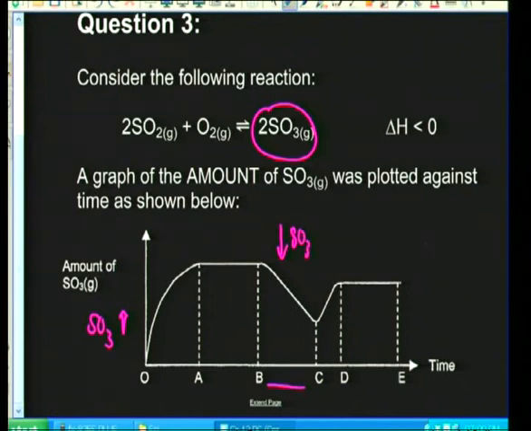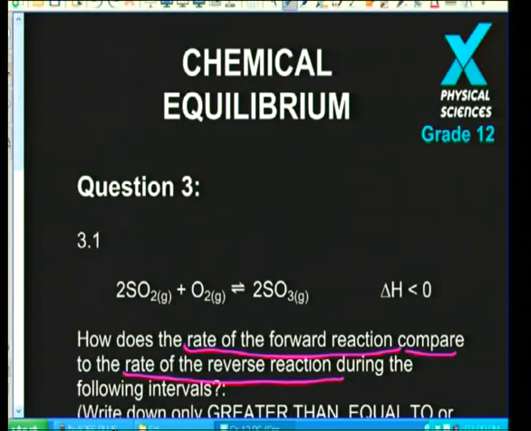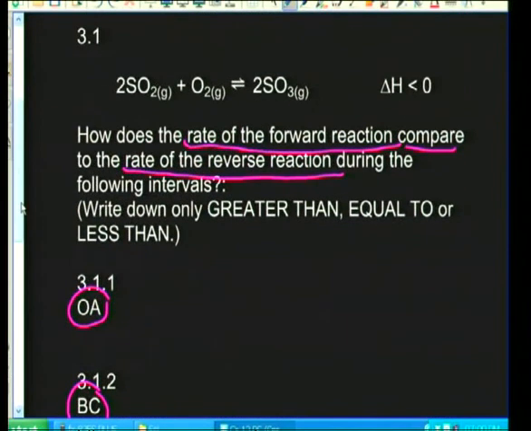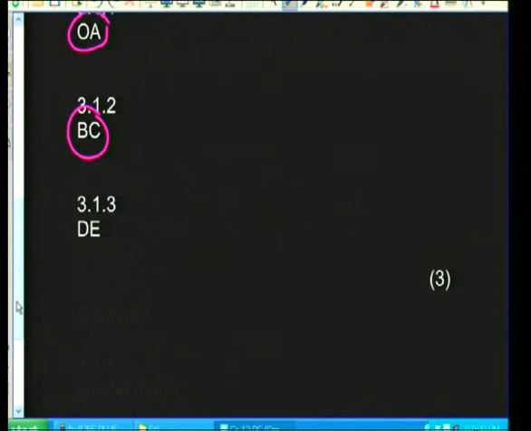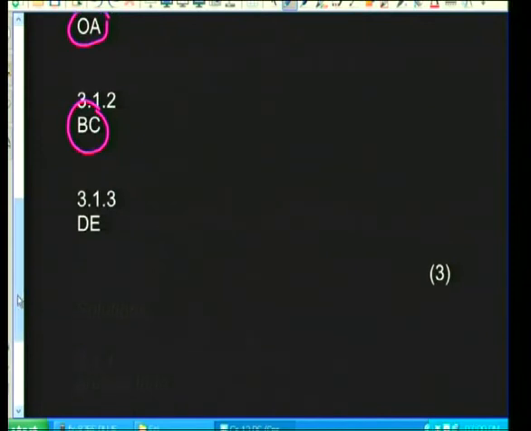And so you would notice the rate of the reverse reaction must be increasing or favored. So going back to my question, how does the rate of the forward reaction compare? It must be less than, at B to C, the rate of the reverse reaction.